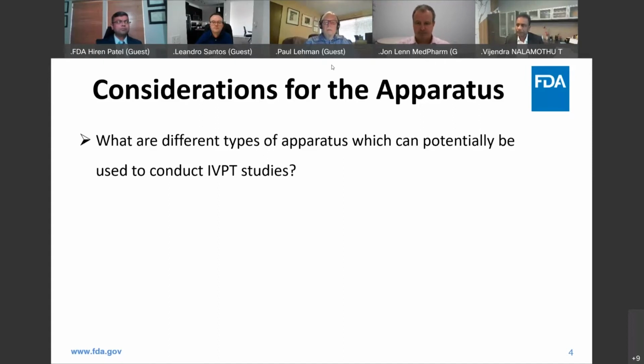We have been working on an FDA-funded project for the past 7 years, and we mostly use the Franz diffusion cells, the static vertical diffusion cells, for most of the experiments that we did. And in one of the experiments, we compared the flow-through apparatus with the static Franz diffusion cell.